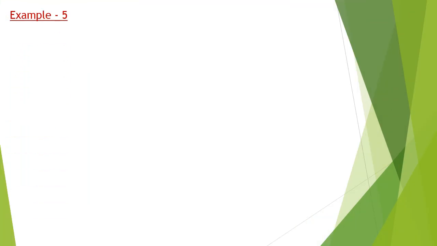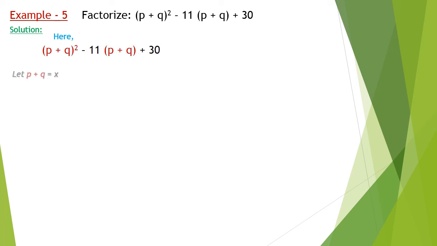Now one very important question. Factorize. Now the question is in a totally different form, but we will make it simple. p plus q minus q square is the question. Now we suppose p plus q, to make our solution easier.